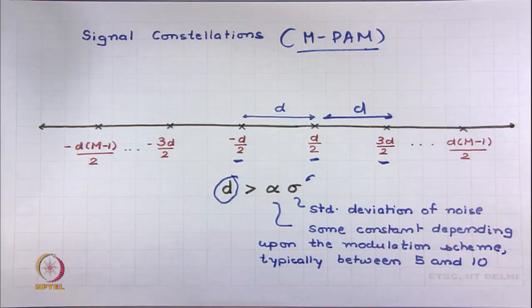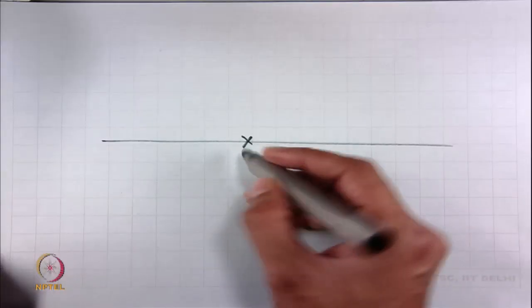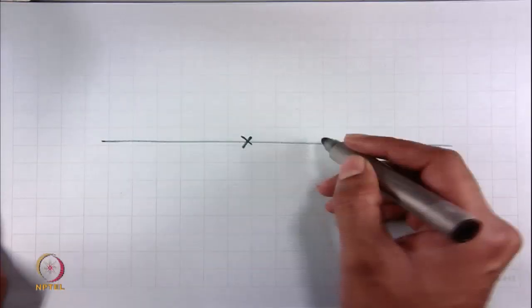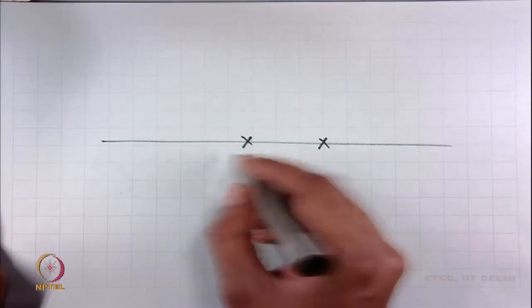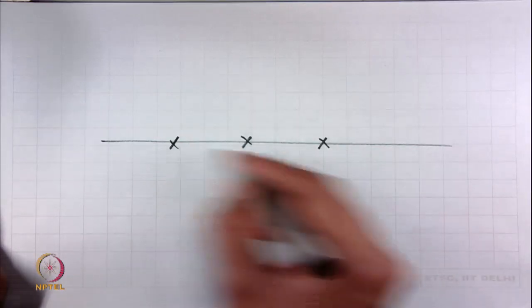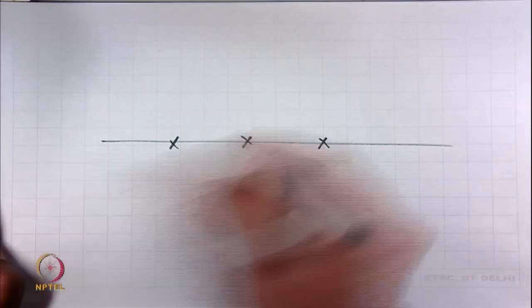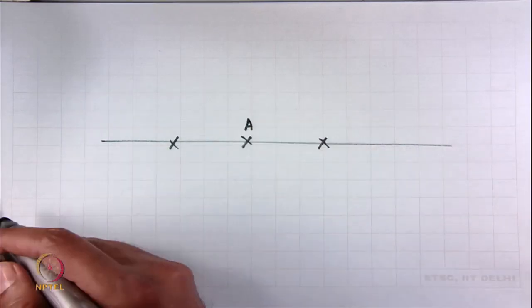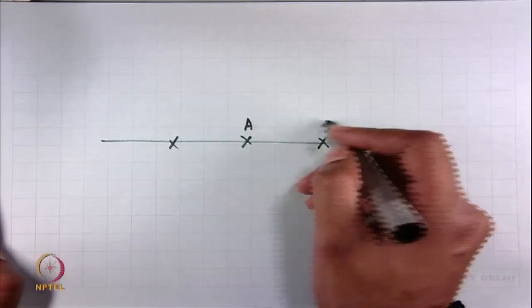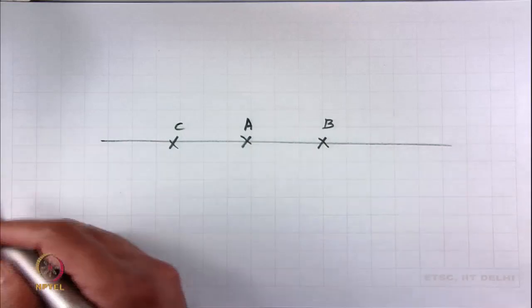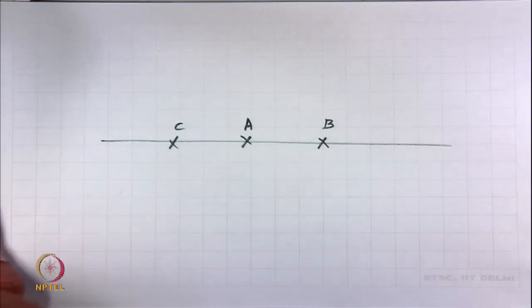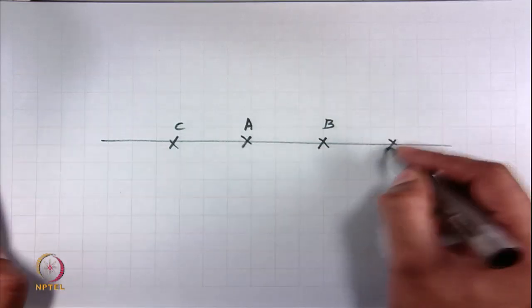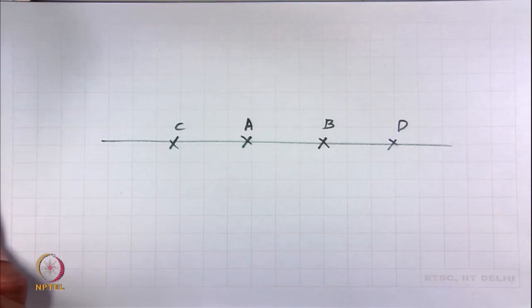For example, suppose you are transmitting a symbol, the error may happen when your receiver confuses this symbol with one of the neighboring symbols. So, you are transmitting, let us say, symbol A, the receiver might confuse it with symbol B or symbol C. The symbol B and symbol C are the neighbors of this symbol A. The possibility of receiver confusing it with symbol D is very remote.